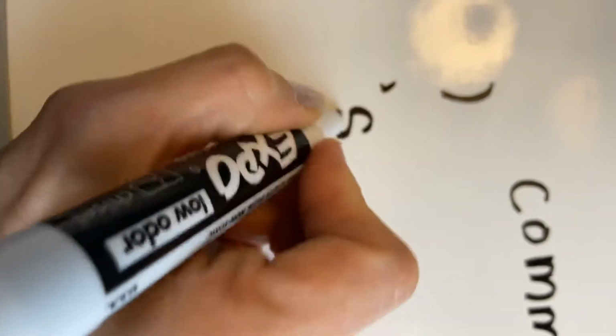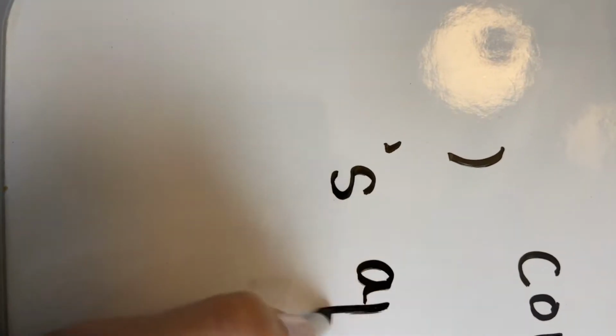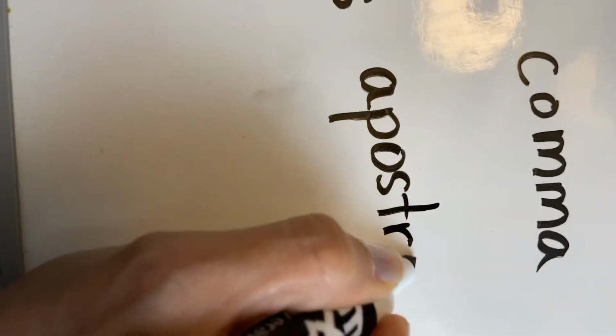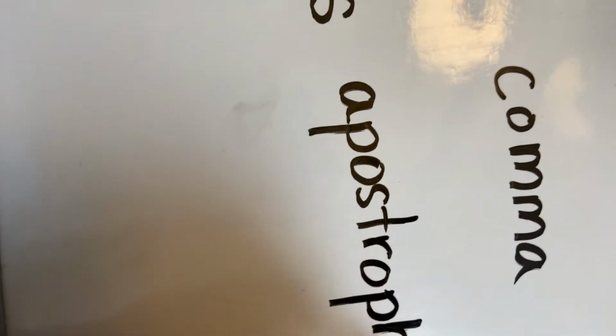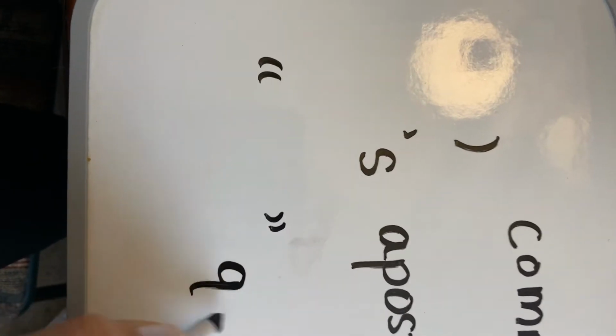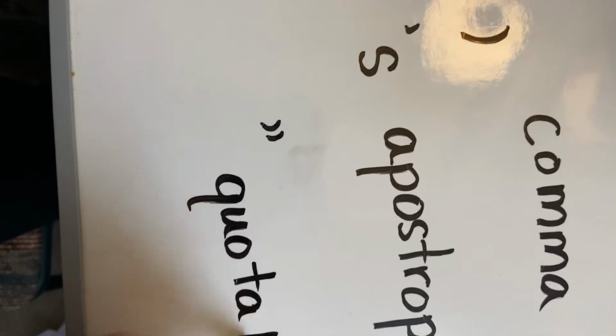An apostrophe is what we used when we did possessives. And then quotation marks are the two marks like that we use for poems, quotation marks.